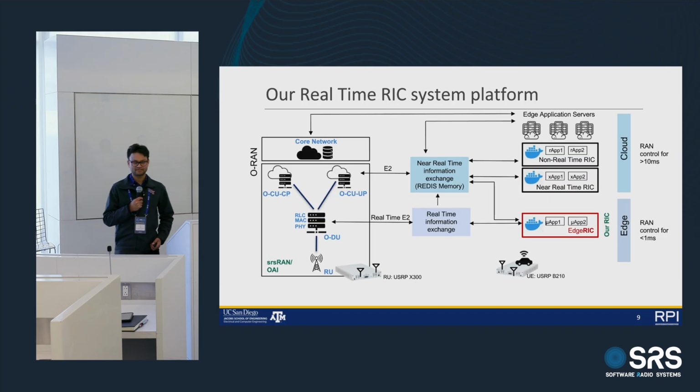So this is how the system architecture would look. You see basically the RU, CU, DU on the left, and then on the right are our different kinds of RIC, which are tightly integrated together. At the bottom is our Edge RIC, which runs real-time applications, micro apps, and on top you see both near non-real-time and near real-time RIC, which run xApps in the cloud.